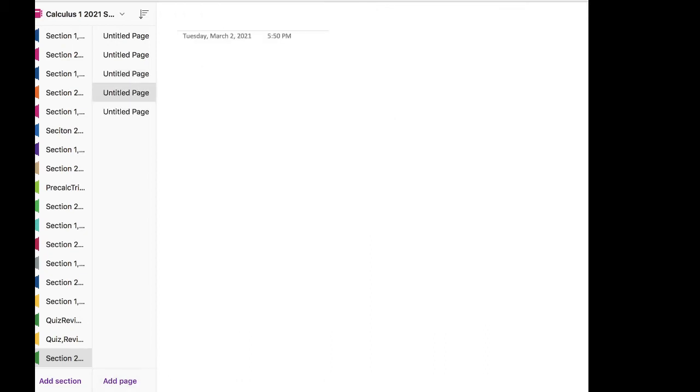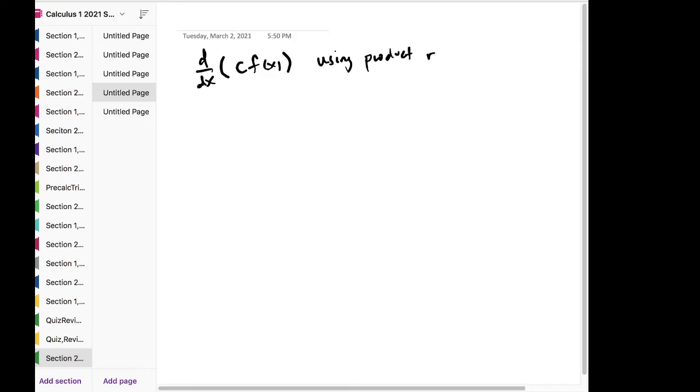Let's use the product rule. This is a very inefficient way, but it's just nice to see. What is my product here? I have two functions: the constant function c and the function f of x. So it's a silly way of doing this.